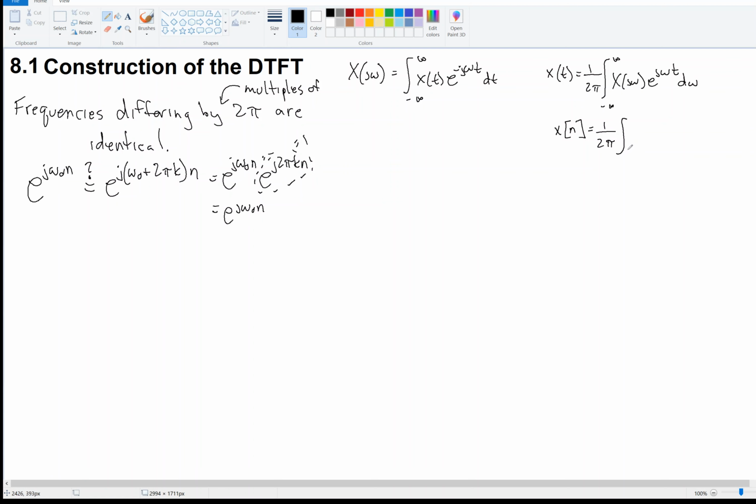But we're only going to integrate over a range of 2 pi, because if we integrate over more than a range of 2 pi, then we start double counting or triple counting frequencies. So we only need to integrate over the entire spectrum, but in discrete time the entire spectrum is over 2 pi. And then we're actually going to use the notation e to the j omega, because e to the j omega is periodic with period 2 pi.